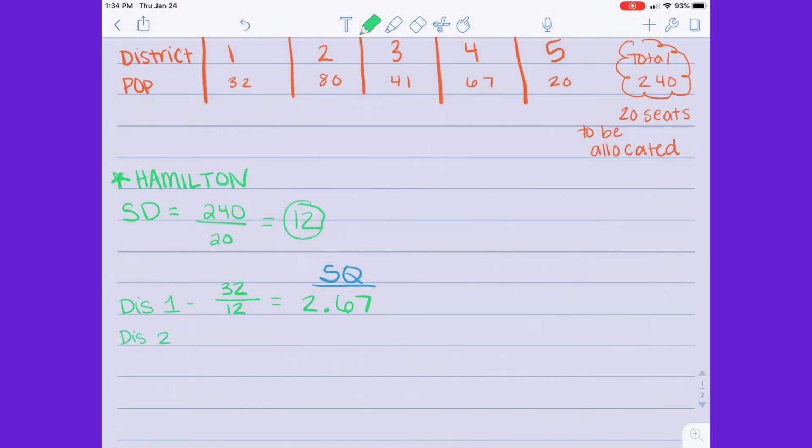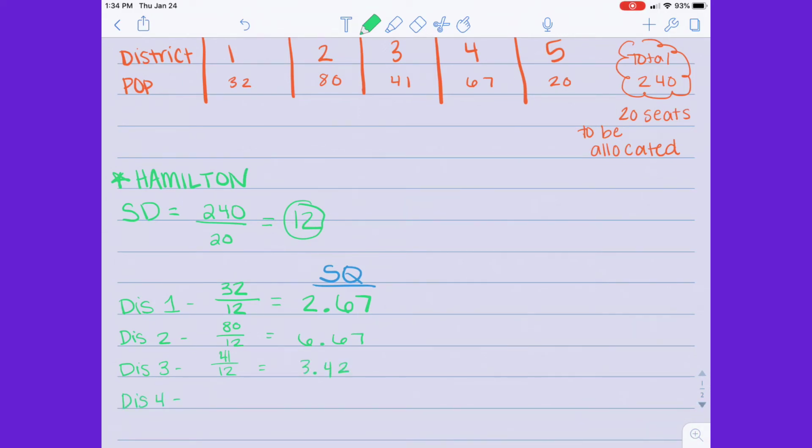District 2 is 80 over 12, which gives me 6.67. District 3 is 41 over 12, which gives me 3.42.